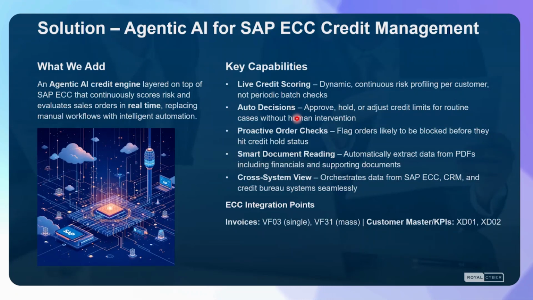Then we are taking the automated decision whether we need to approve, hold, or reject this order. Then we are using smart document reading. We are extracting the information from the invoices using AI itself, and the whole automation is configured to do the smart data record reading, proactive order checks, making a final decision whether we need to approve this invoice or not.